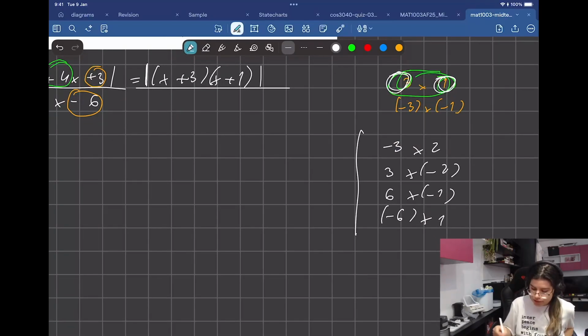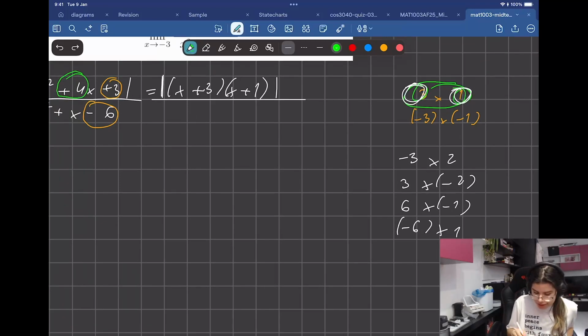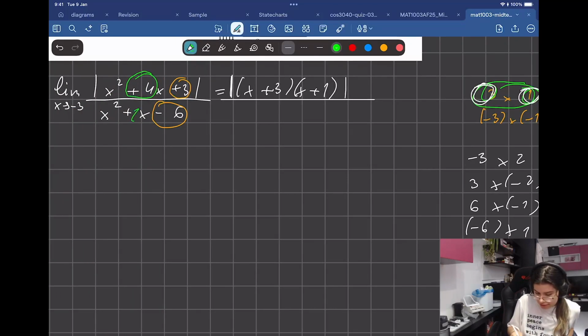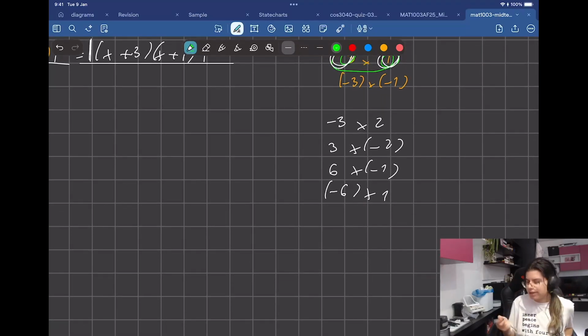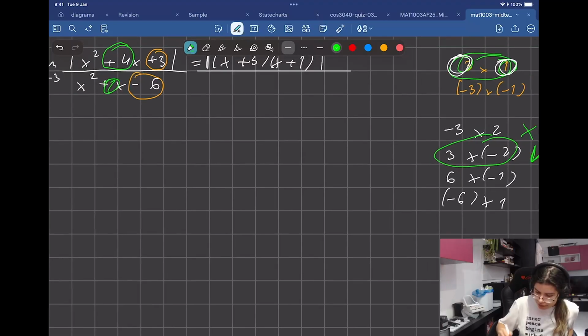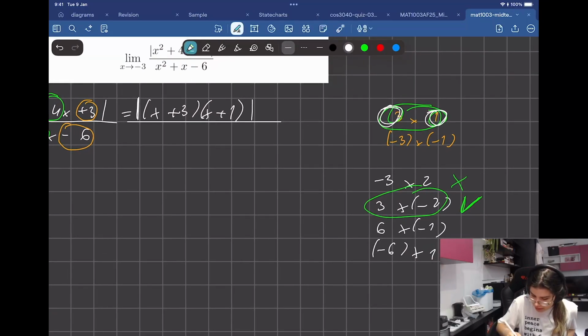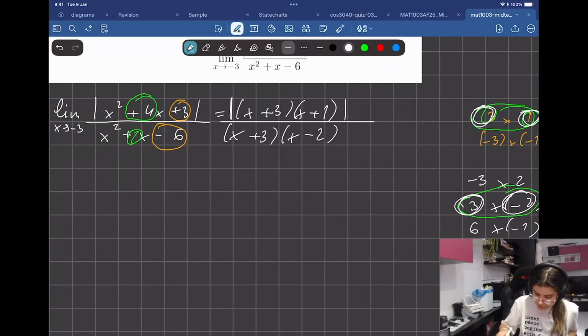Out of these four pairs, I need to find the one that when summed gives me 1. Minus 3 plus 2 is minus 1, not quite. 3 minus 2 gives me 1, so that's the perfect pair. So I'm going to write down x plus 3 times x minus 2, right? This is my solution here.